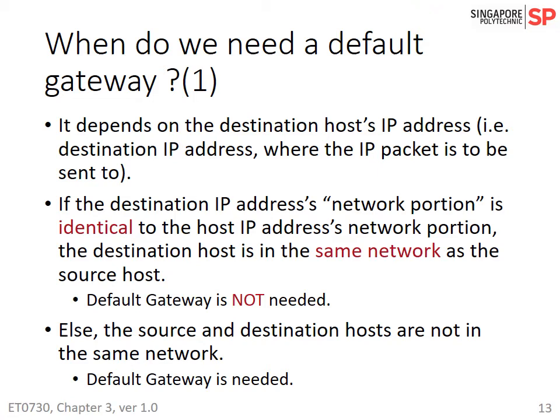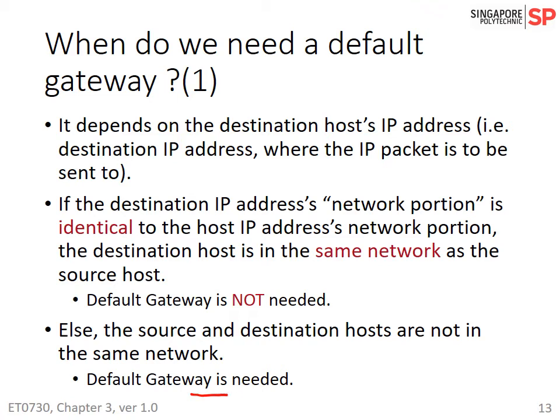So when do we need to use the default gateway? It depends on whether this PC needs to send a packet out of its own network or is trying to send a packet within the same network. If this PC needs to send a packet out of its network, then it will need to contact the default gateway.